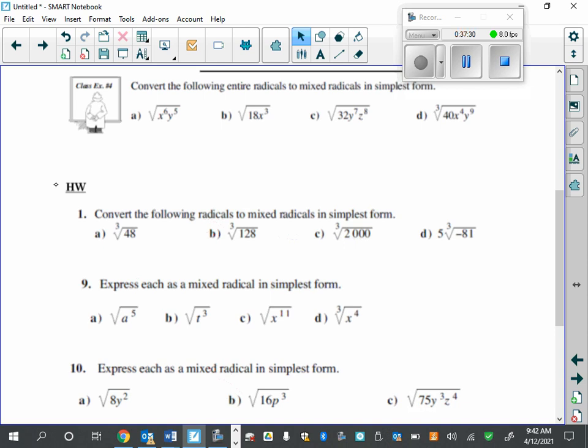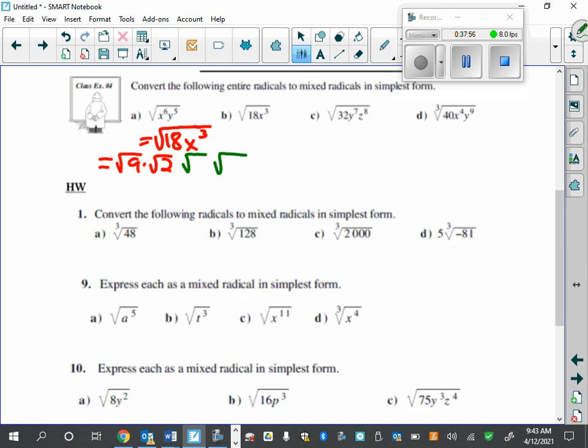Okay, so one way to do this, radical 18 x cubed, is to break down the radical part first, so ignore the x part, into radical 9 times radical 2. And then break up the x part.